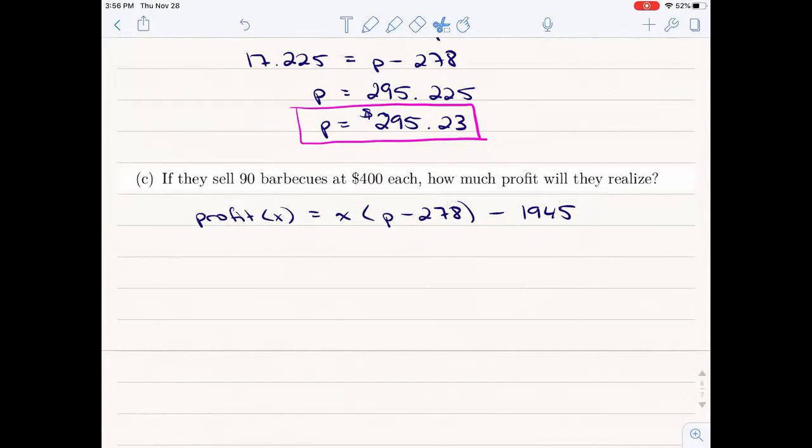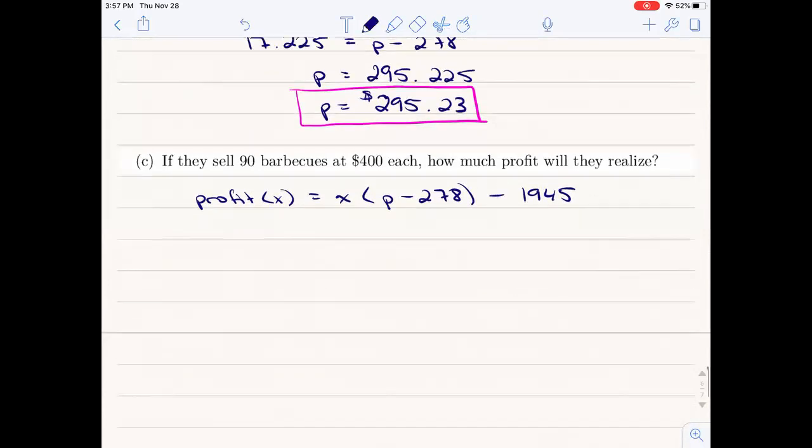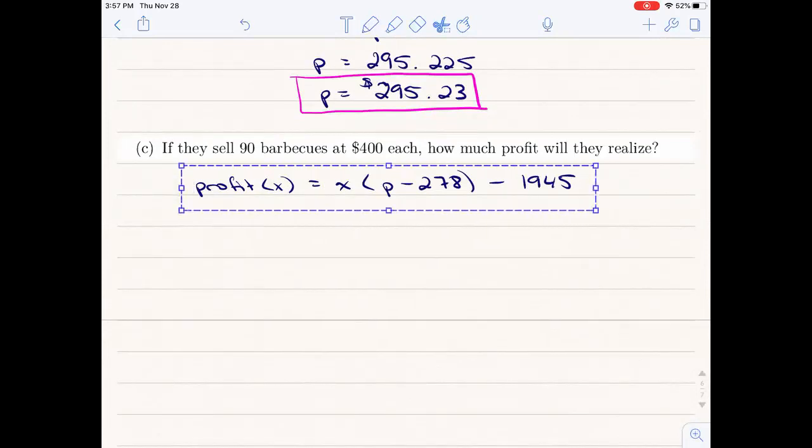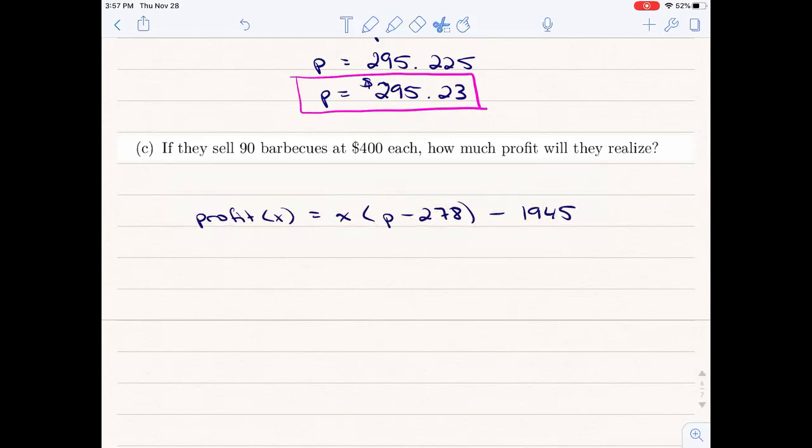That the profit of X is X times P minus 278 minus 1945. You could easily just arrive back at this point, right? Using your new X and your new P. But now we're solving for the profit. Right. In fact, I'm going to move this down.